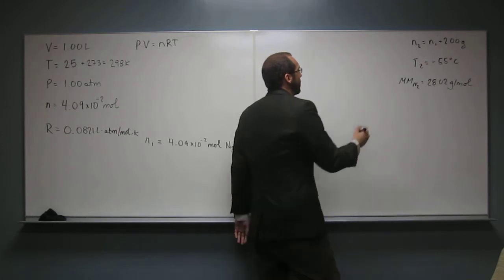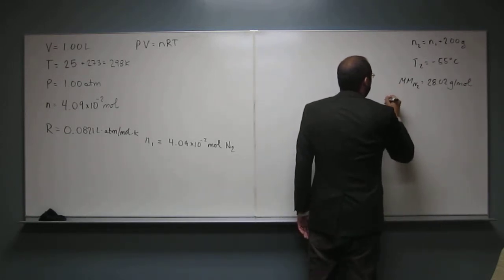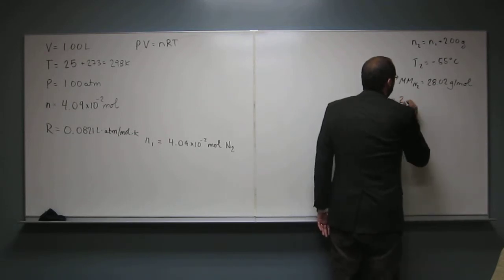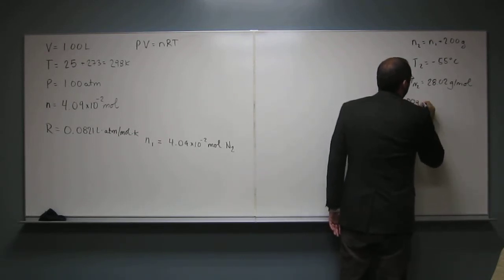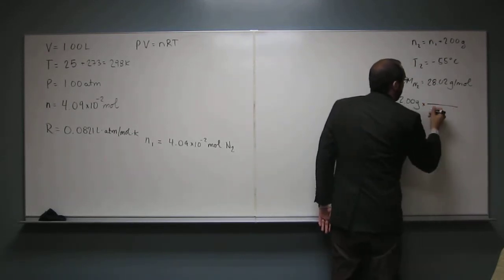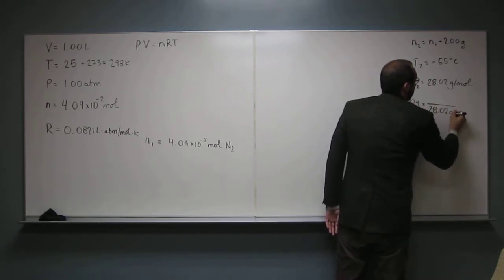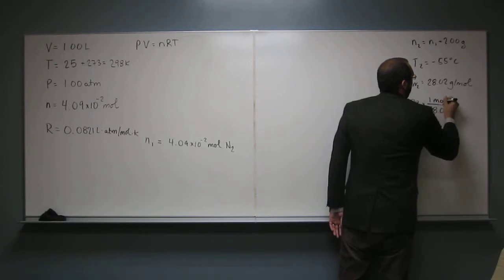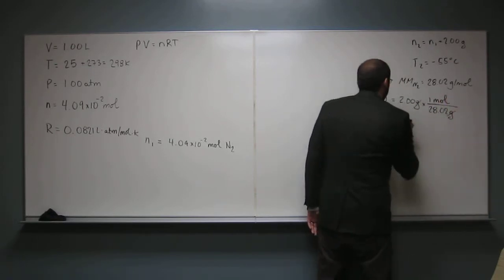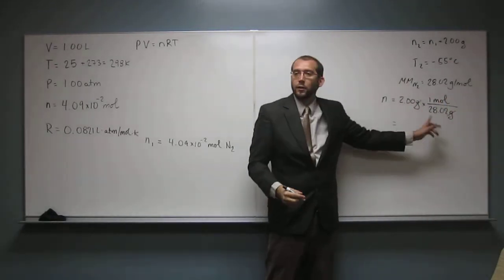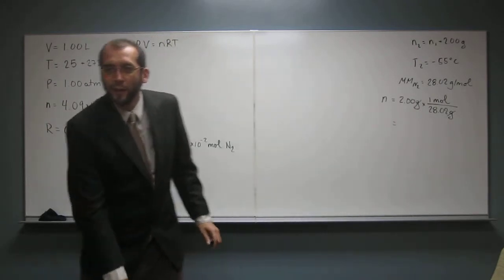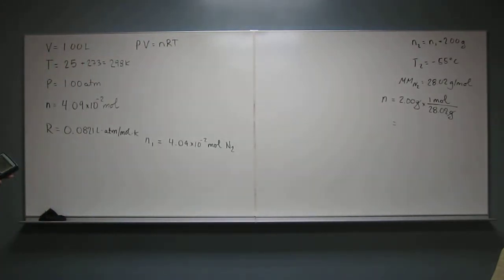So 2.00 grams times 1 mole over 28.02 grams, the grams cancel. That's how you do it, not how you were trying to do it earlier.